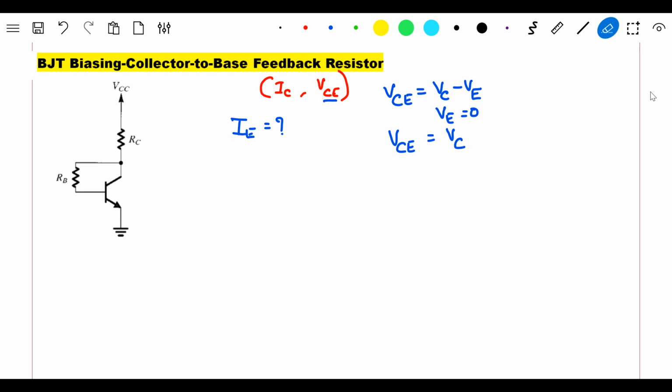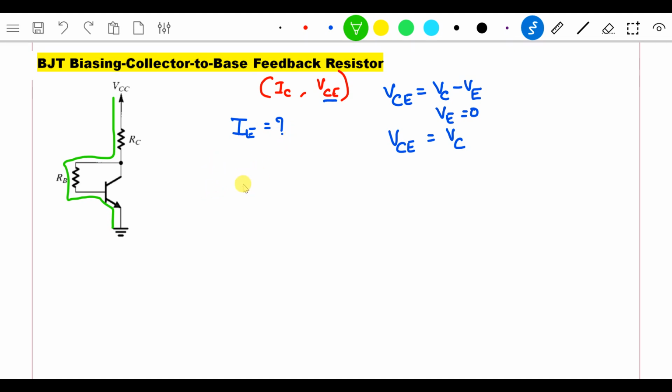To write the equation for VCE, I'll go with a loop from VCC. I'll go like this, then like this, and in this way. This is the loop I'm going to consider, so that let me see whether I will get VCE, which is nothing but VC.